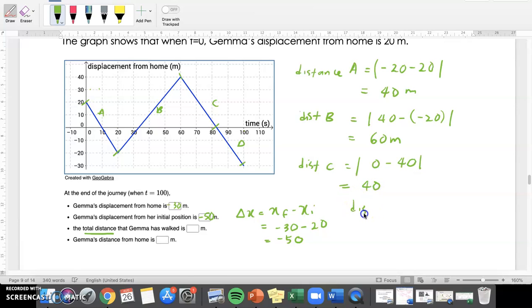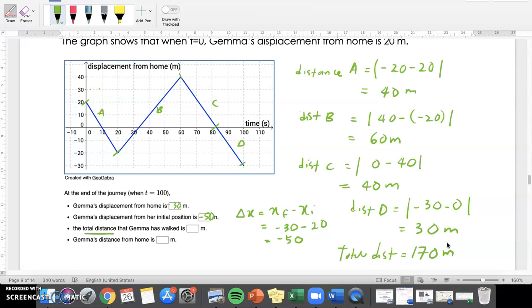And then distance D is modulus of minus 30 minus 0. So that's 30. So the total distance is 40 plus 60 plus 40 plus 30. That's 70, 110, 170. So total distance is 170 meters.